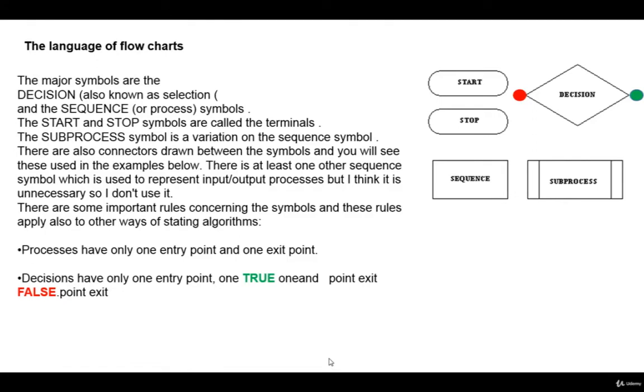The language of the flowchart, as you see here: this shape, an ellipse, is for start and stop; a diamond for decision, true from here and false from here; a rectangle for sequence or process, and this rectangle for sub-process.